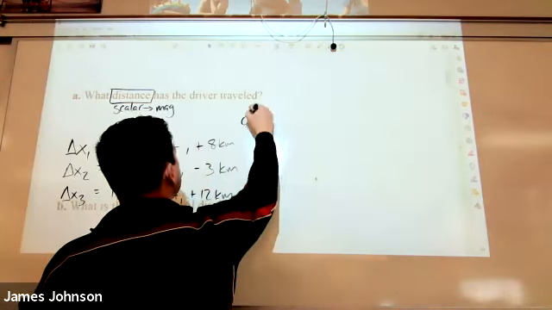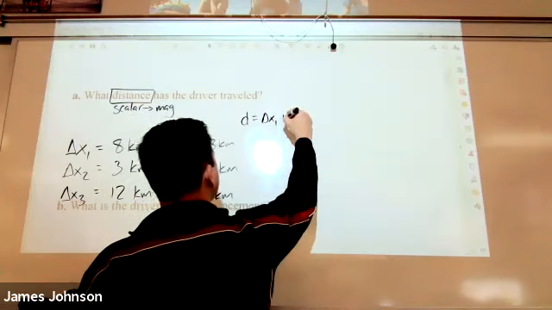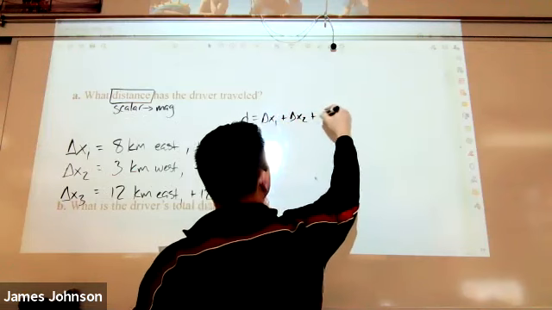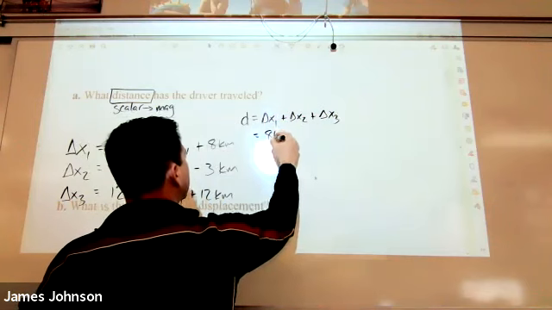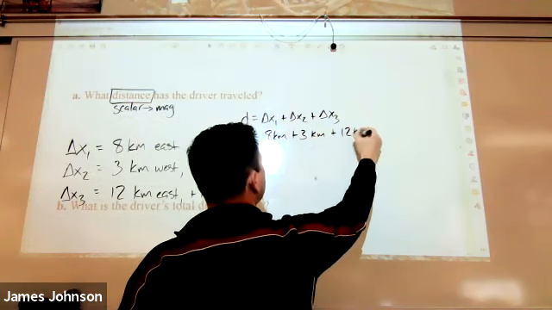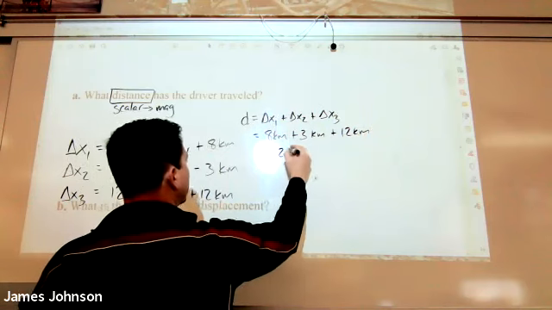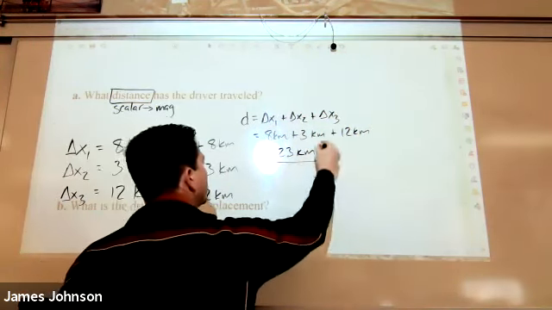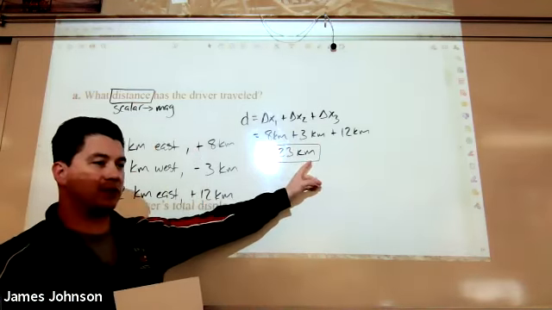So this overall distance, just to represent it appropriately, is going to be delta x1 plus delta x2 plus delta x3, which we know is 8 kilometers plus 3 kilometers plus 12 kilometers. And you're going to have to use a calculator or do that in your head if you want to. That's going to be 23 kilometers traveled. Now again, notice there's no direction here, just the magnitude.